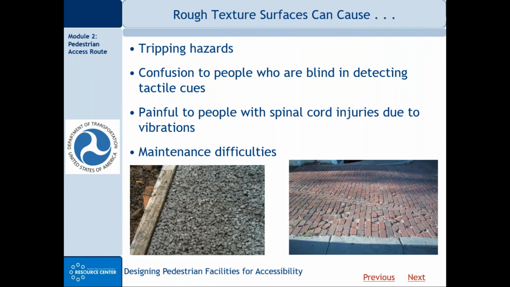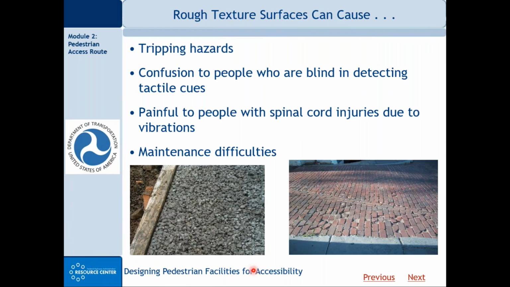Rough textures. I know a lot of designers like rough textures from an aesthetic standpoint, but from an accessibility standpoint, rough textures can cause tripping hazards, like the brick that you see here on the right. It can cause confusion to people who are blind and using the cane or using their feet in terms of detecting tactile cues.